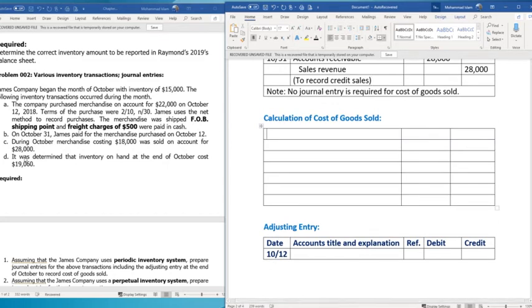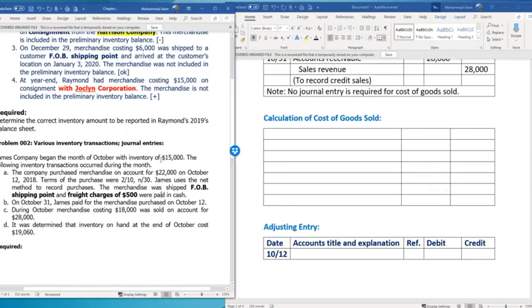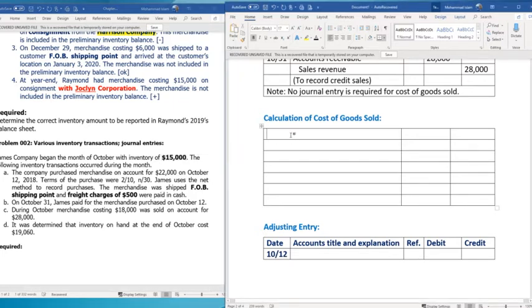And we will be recording the cost of goods sold in this part. In this problem, the beginning inventory was 15,000. Let's start with the beginning inventory, 15,000.